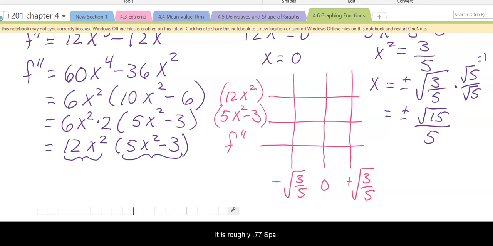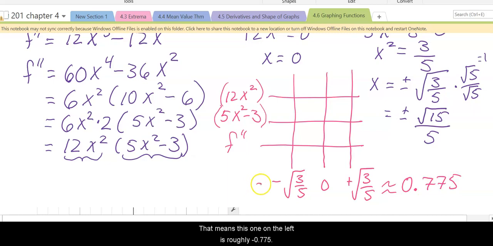It is roughly 0.775. That means this one on the left is roughly negative 0.775. A good test point then to the left of that would be -1.